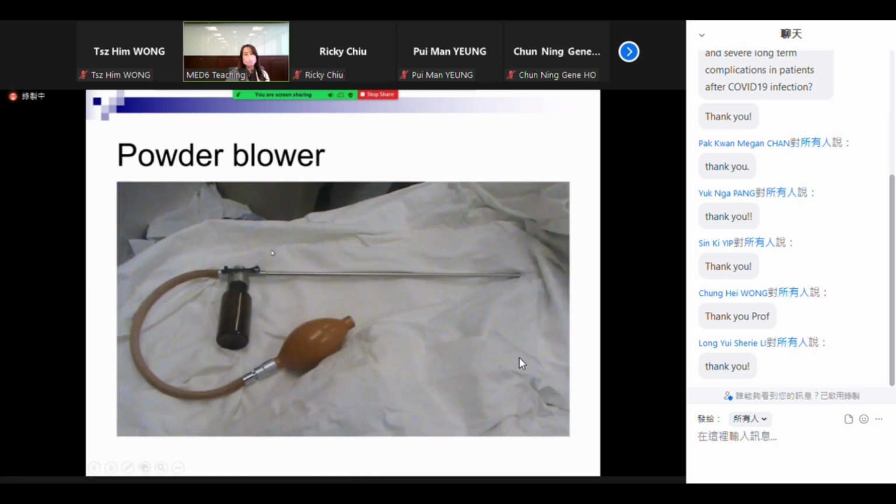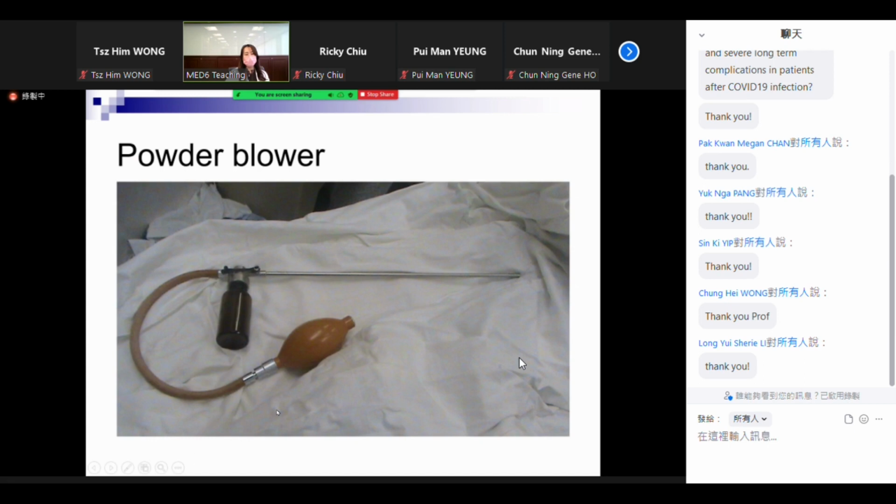So for chemical pleurodesis, as I mentioned, talc powder can be given through the chest drain, or we can do the talc slurry. This is the powder blower.